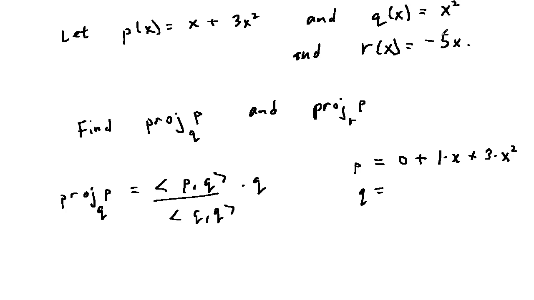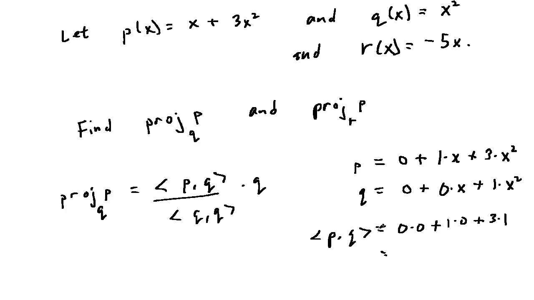Q has no constant term, no x term, but it does have one x squared term. So let's do P inner product with Q. Look at the corresponding coefficients, multiply them, and add them up.